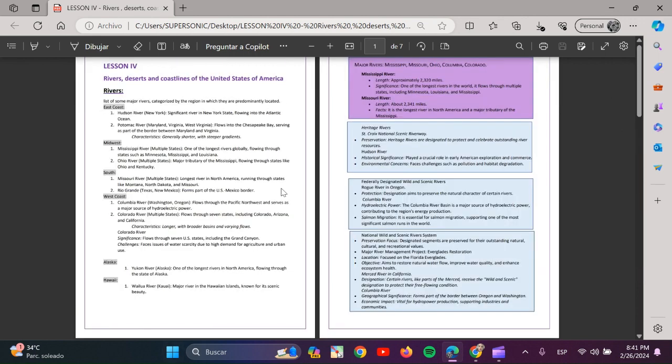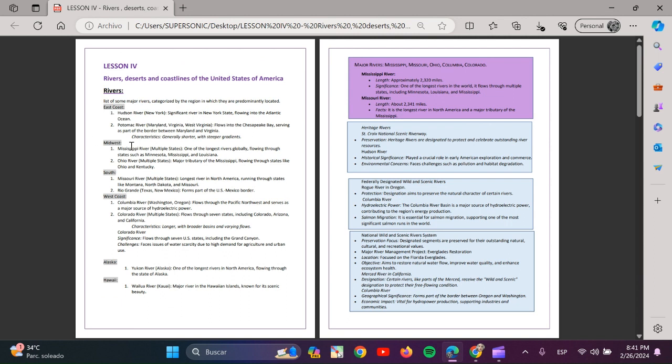Well, as I was saying, we can categorize first according to the region. So, regions are East Coast, Midwest, South, West Coast, Alaska, Hawaii. In East Coast, we have the Hudson River. It's in New York.